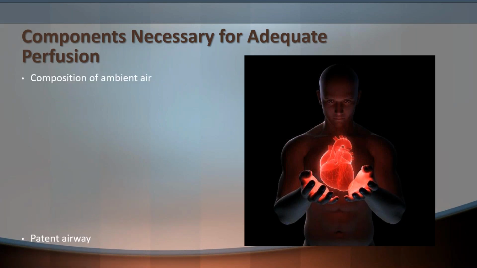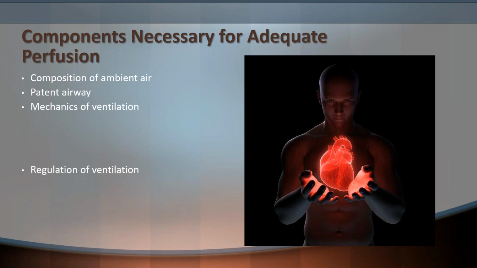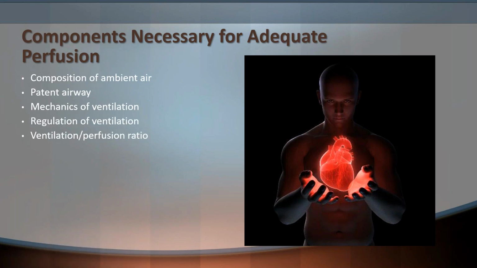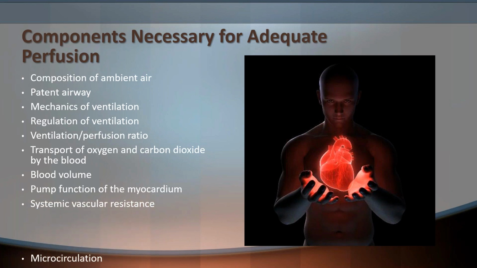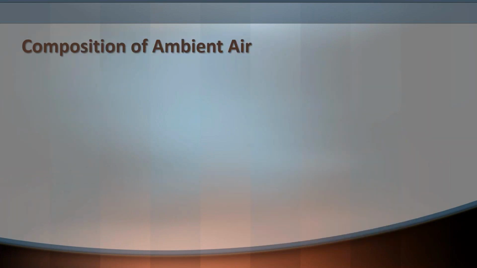We're going to talk about the composition of ambient air, a proper patent airway, the mechanics of ventilation, how that ventilation is regulated, ventilation to perfusion ratio, how the body actually transports that oxygen coming in and then eliminates that carbon dioxide going out, the adequate blood volume circulating through our system, pump function, vascular resistance, microcirculation, and blood pressure.